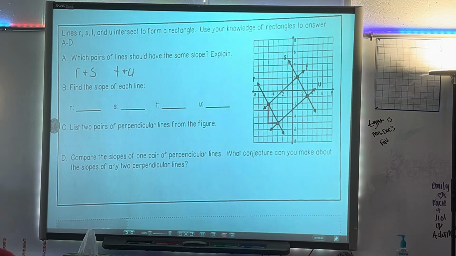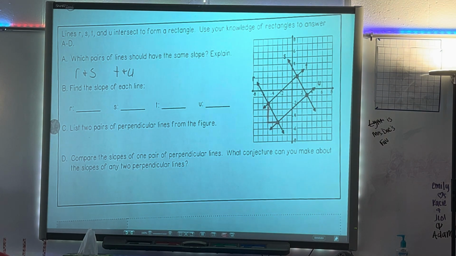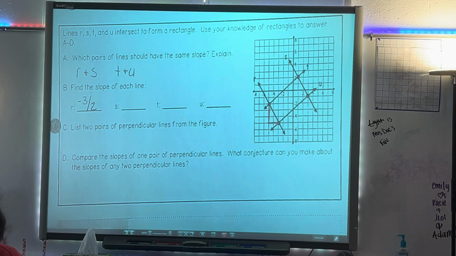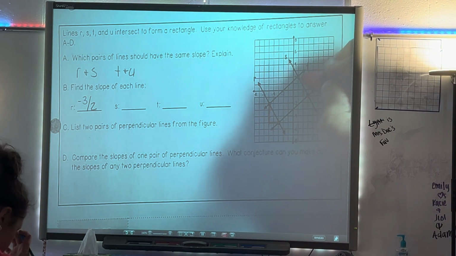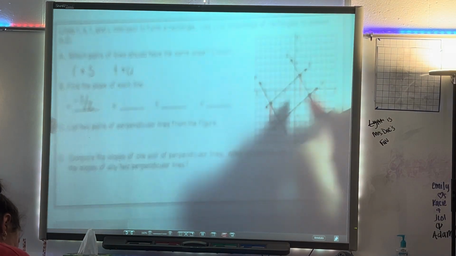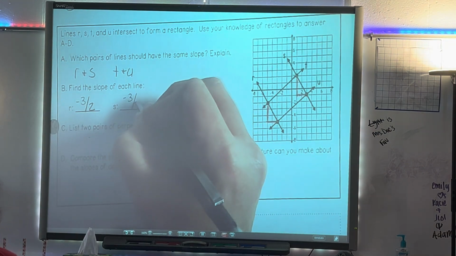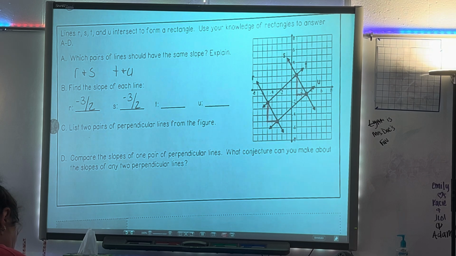So how would we write that slope then? -3/2, okay? And that means S should also have a slope of -3/2. Does that prove to be true there? It does, so it's also -3/2.